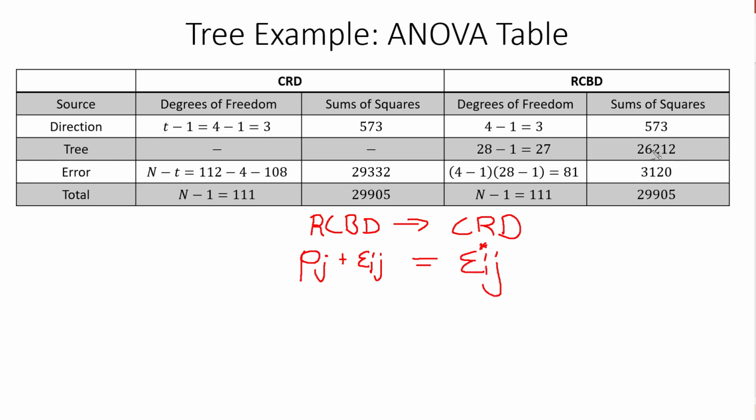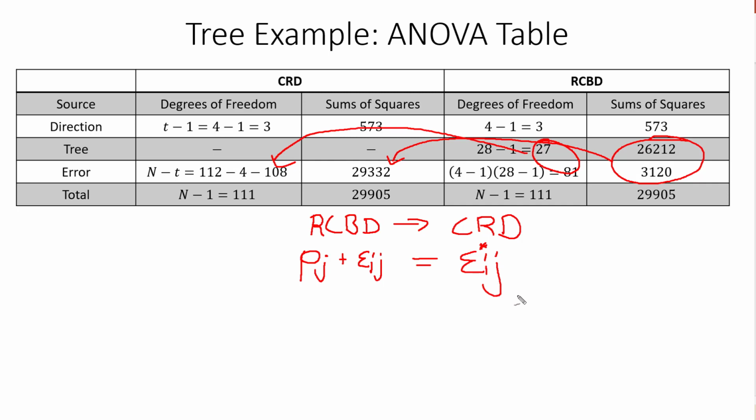If you notice that over here, the effect of the trees plus the unexplained error is exactly equal to what we get over here. If you add these two numbers up, we end up with the error term for our completely randomized design. Also, the degrees of freedom between the blocks plus the error, if you add those up, also work out to be the degrees of freedom for the error.